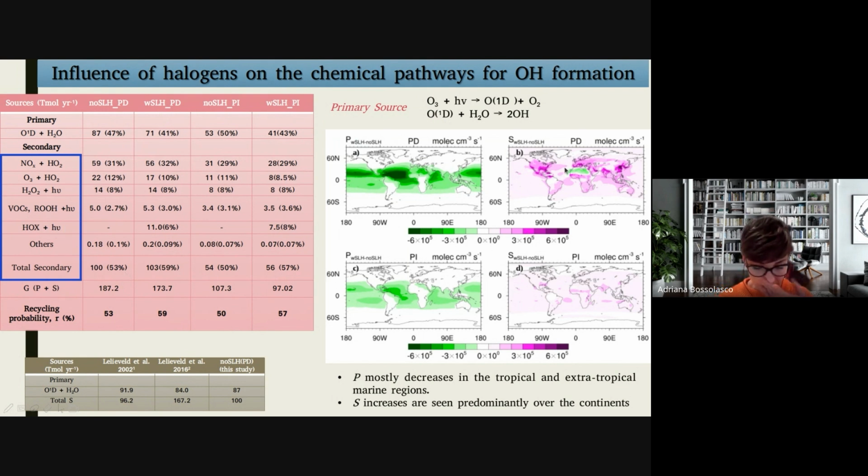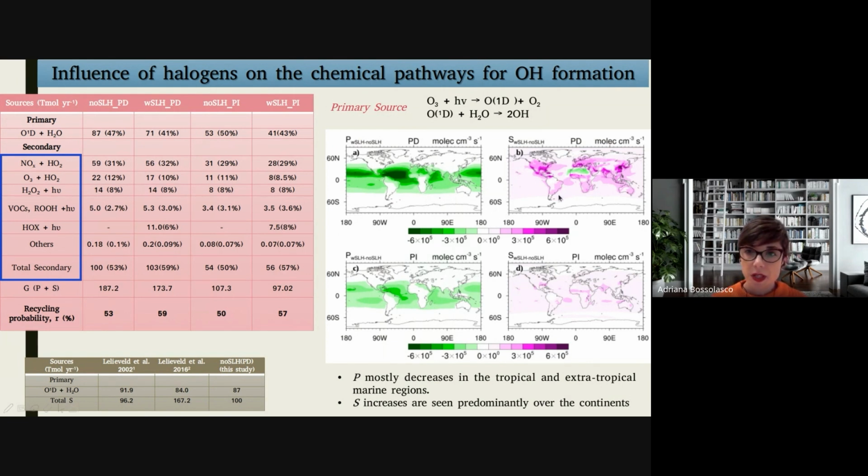Looking now at the global distribution of this change, here I show the difference for the primary production due to the SLH and the total secondary production, in present day and pre-industrial. So we see the largest reduction of primary source in the tropical regions, where the primary source is the dominant source for OH.